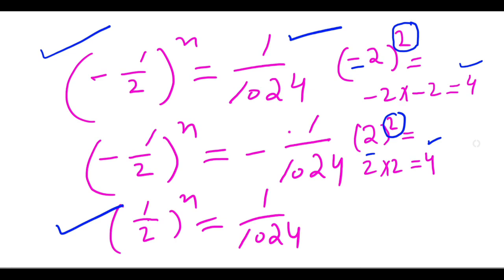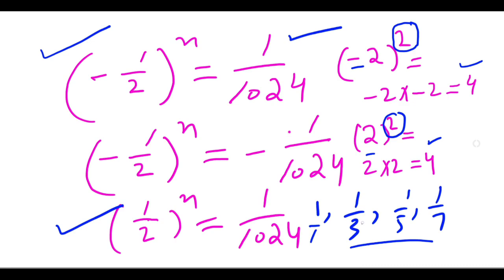So if it is like this: 1 over 3, 1 over 5, 1 over 7. So 1, 3, 5, 7 is an AP, an arithmetic progression, but now you're writing in reciprocals, so this becomes a harmonic progression. Just for interest's sake I told you, otherwise we don't need it in South Africa.